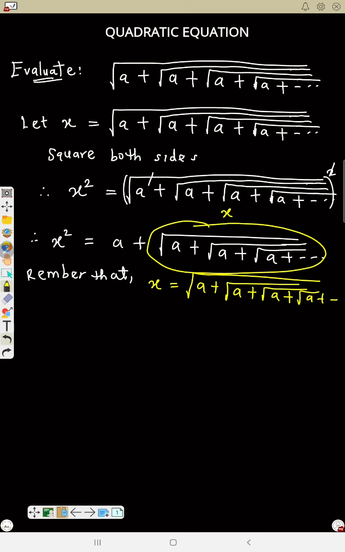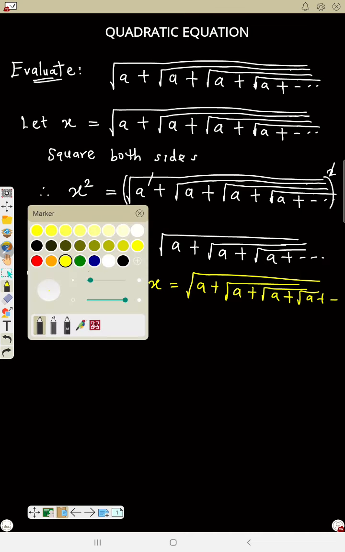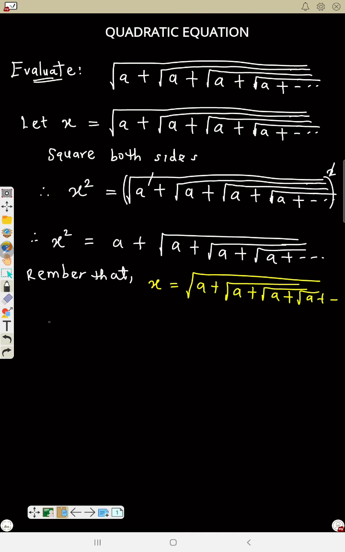So my equation will become x squared equals a plus x.